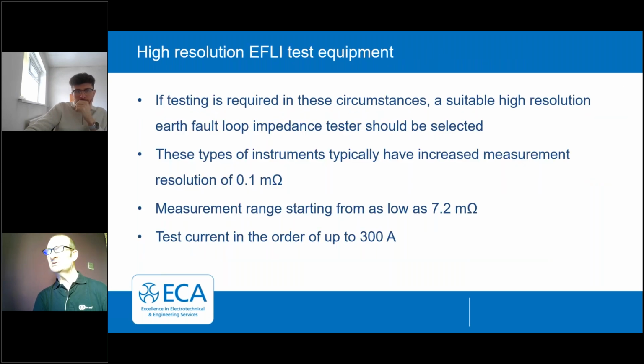So in this instance, when you're looking at a lower measurement of resistance, you need to consider a higher resolution earth loop impedance meter. Typically, these will have a resolution down to 0.1 milliohm. Their measurement range can start as low as 7.2 milliohm, and the test currents can be up to around 300 amps.